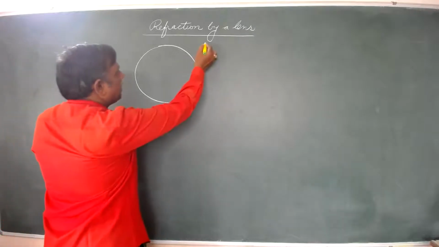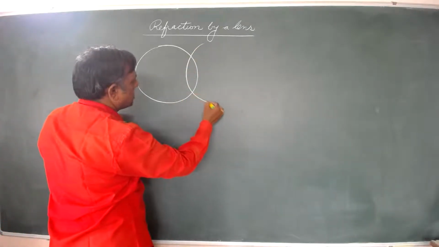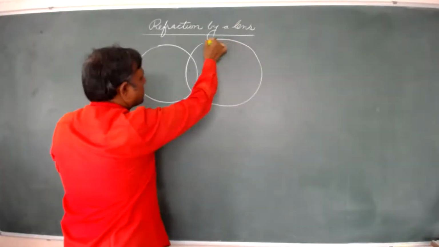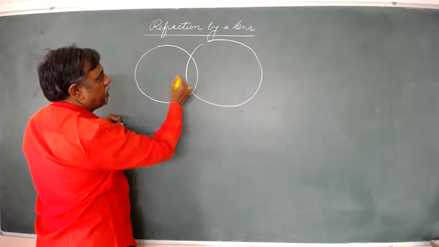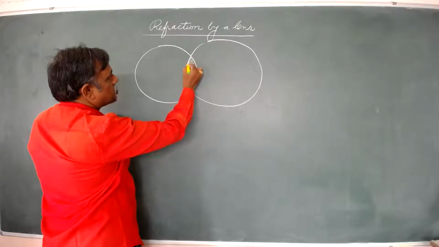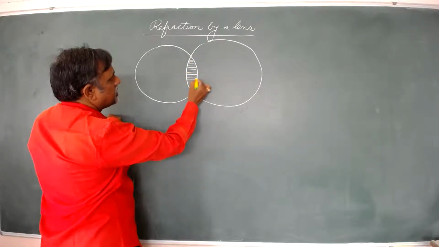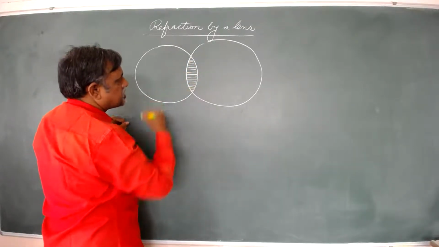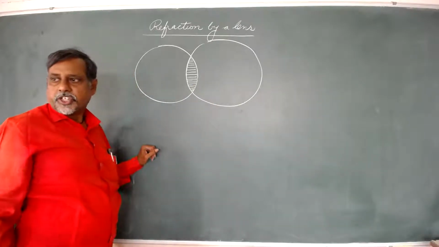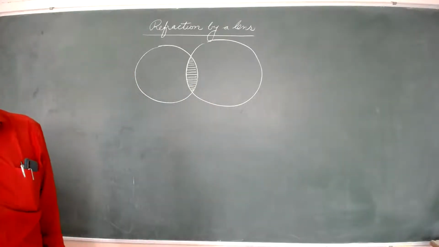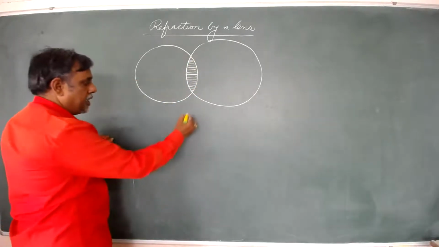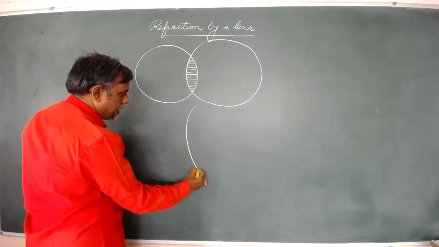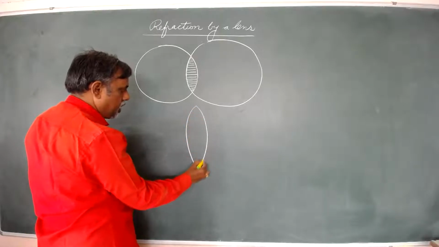Here you see, this is one more sphere we will take. Now this becomes the intersectional portion. If you remove this intersectional portion, you will get this type of shape.